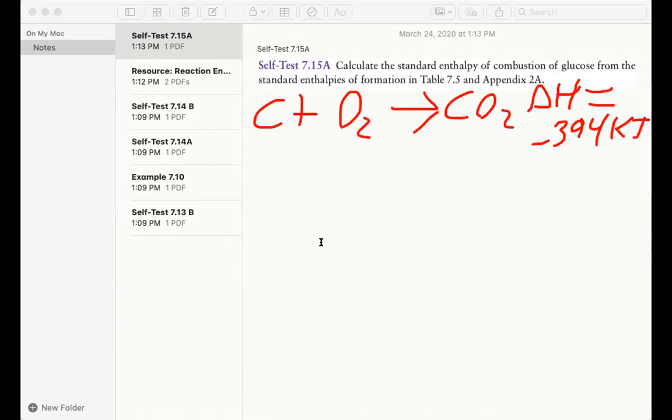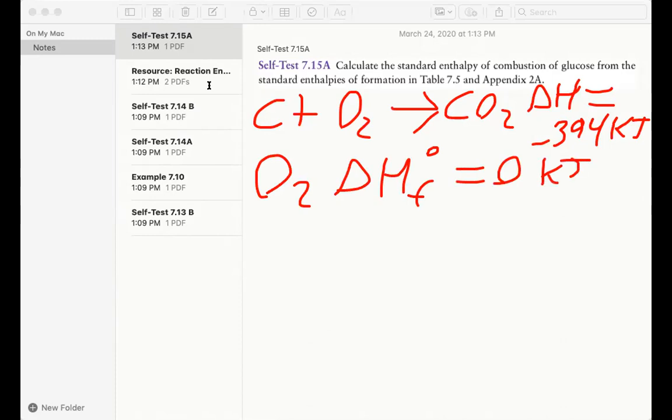That's balanced. And then oxygen's enthalpy of formation: O2 delta H of formation at standard state is defined as 0. Any element's enthalpy of formation is defined as 0. You just have to know that.